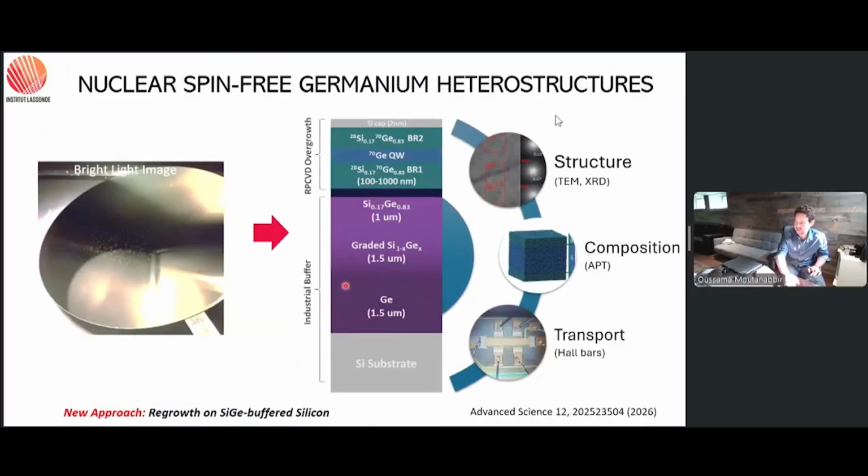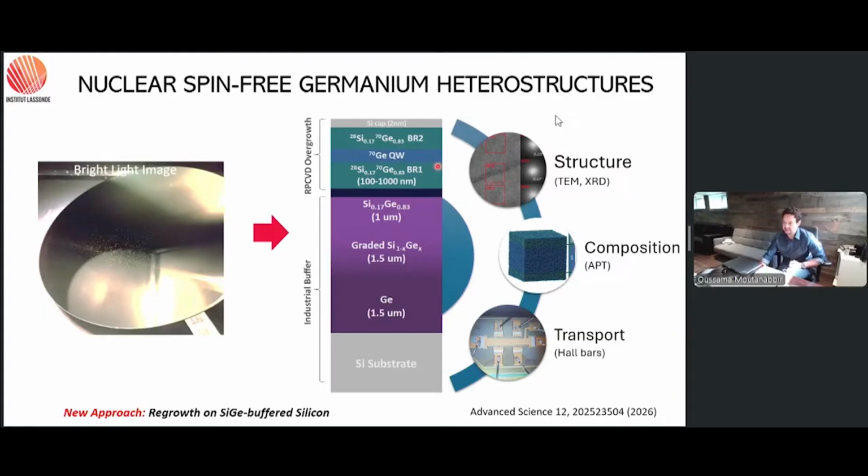Yes. Sorry, I didn't show it, just for the sake of time. There's an in-depth discussion of the transport measurements in this paper. We have transport in these germanium quantum wells. There are some interesting features in their behavior.